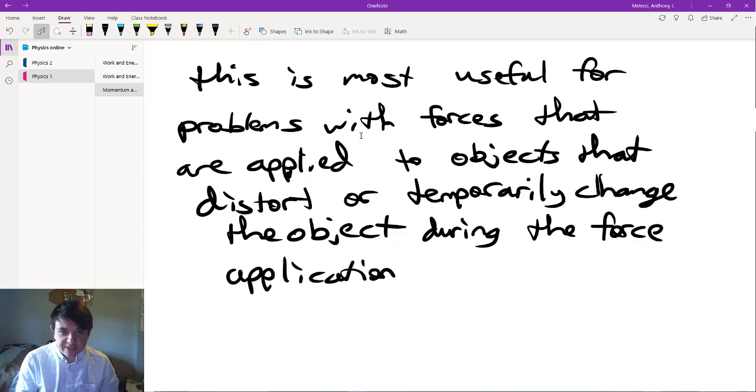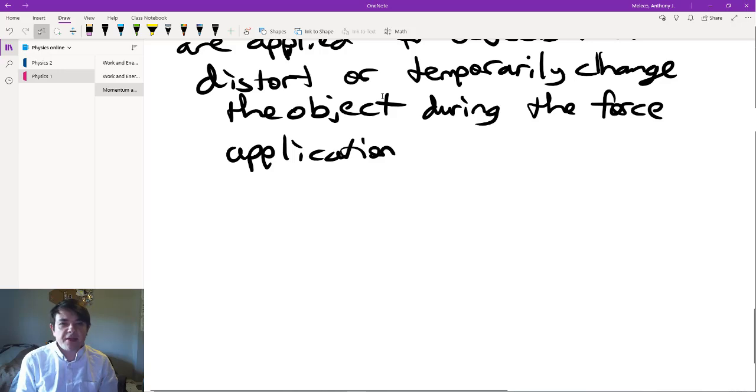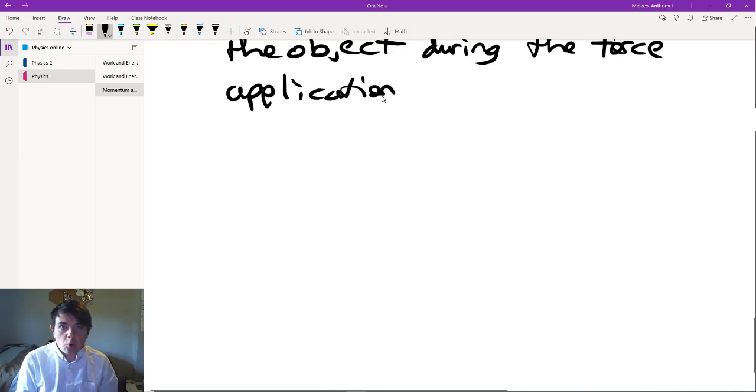Okay, this is extremely complicated. So what I mean by that is compression or stretch of an object.